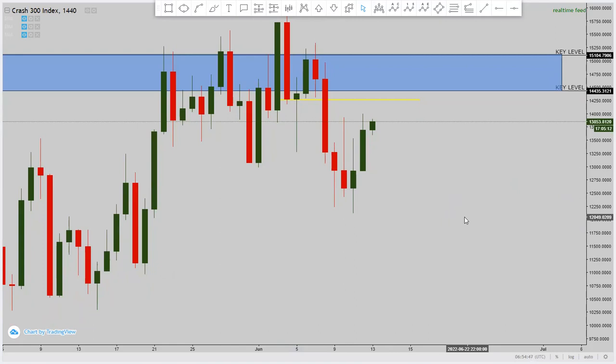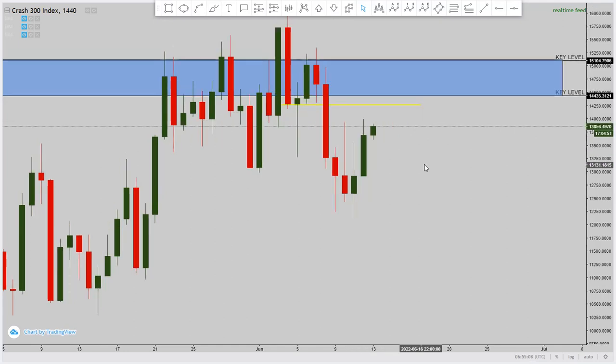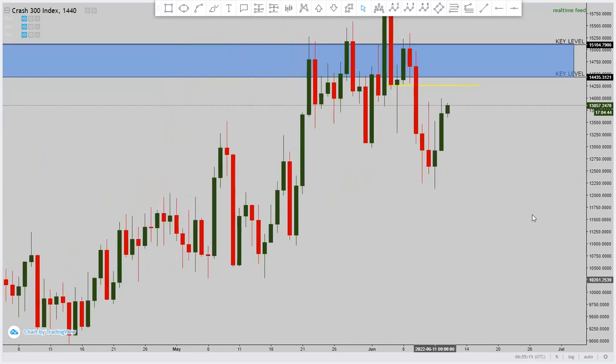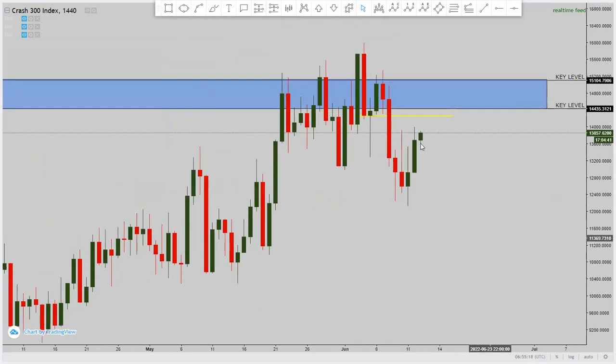There are people who never visit the daily time frame to actually see, sometimes due to lack of knowledge and exposure to the markets, what is really causing the moves that are happening on the lower time frames. Because if you're only looking at the smaller time frames, you can actually see a sort of mini uptrend.